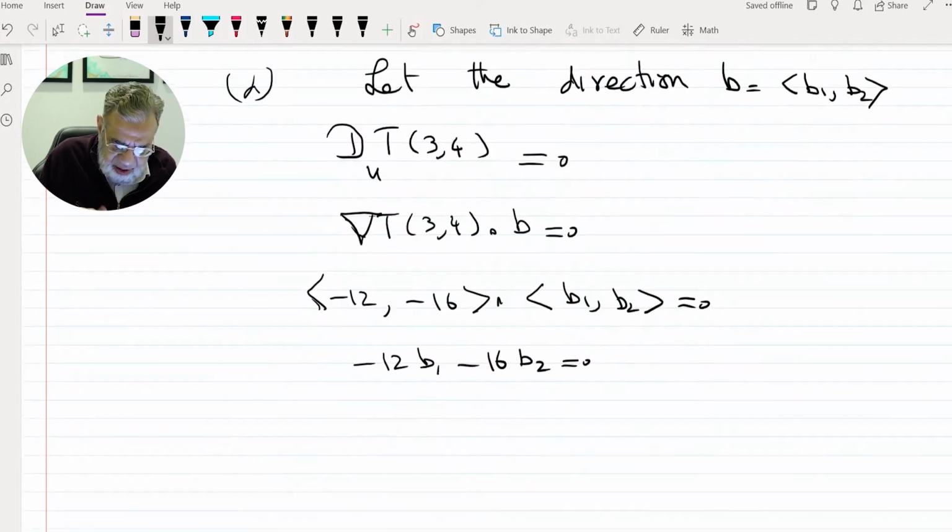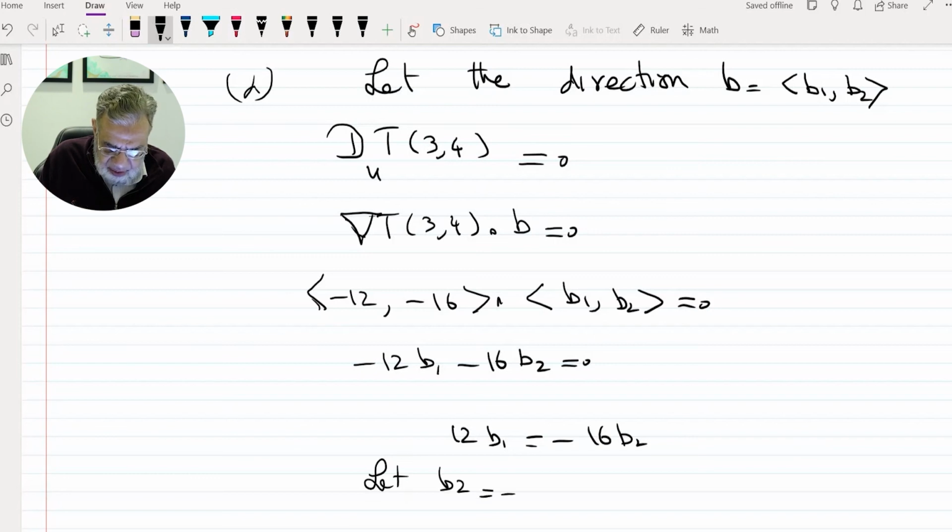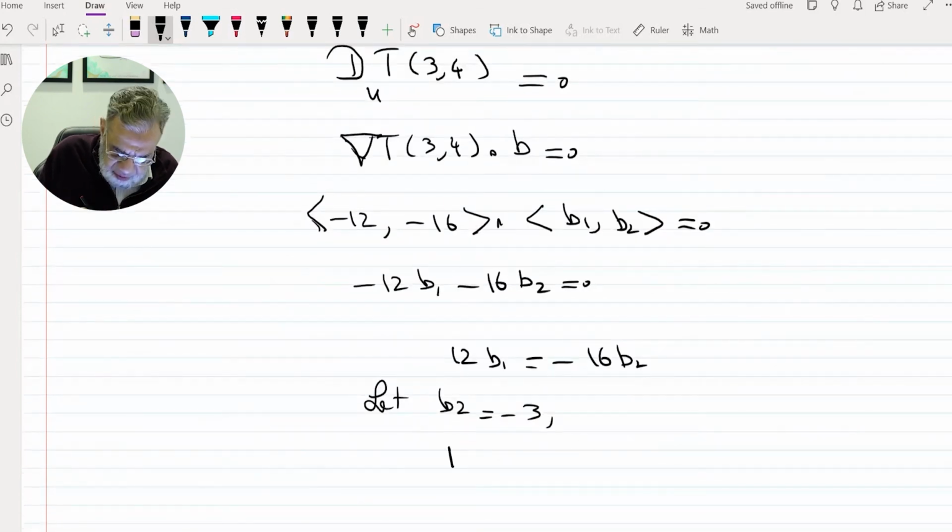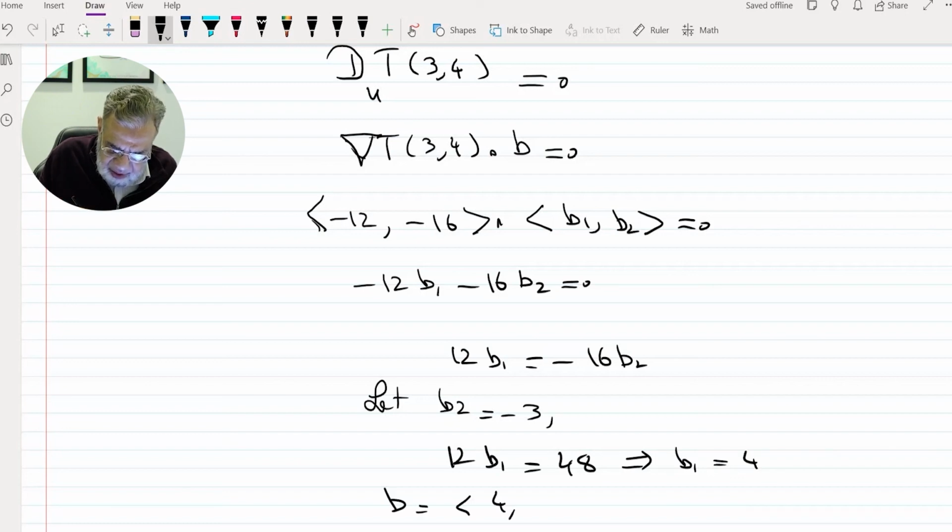Now I can find that 12 b1 is equal to minus 16 b2. So either I take b1 or b2, and we can find the other one. Let b2 be equal to minus 3, for example. Then 12 b1 is equal to 48, which implies b1 is equal to 4, and our b is equal to (4, minus 3).